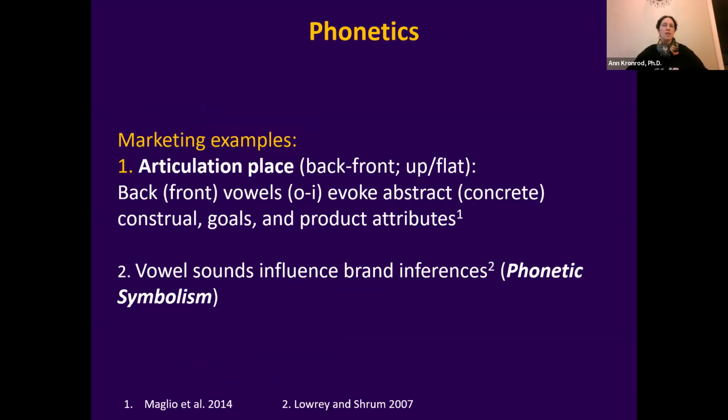And we think about phonetics as sounds, and you might ask, how can sounds convey meaning? It's not even words yet. So let me show you. For example, it has been shown before, and it's called phonetic symbolism, that the place where the sound is articulated in the mouth, in the oral cavity, might influence the way things work.